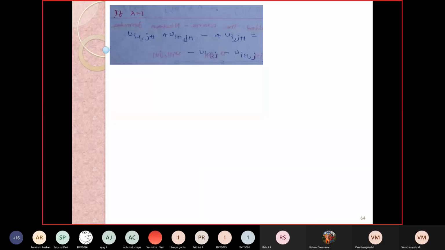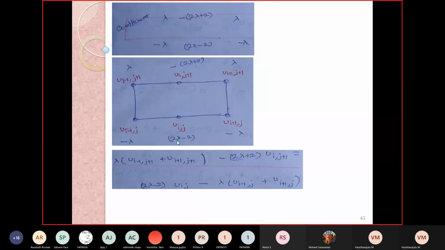When lambda is equal to 1, see what happens: here we will get 0, the u(i-1, j) term becomes 0, and 2 lambda plus 2 becomes 4. On top, 1, minus 4, 1; below, minus 1, 0, minus 1.